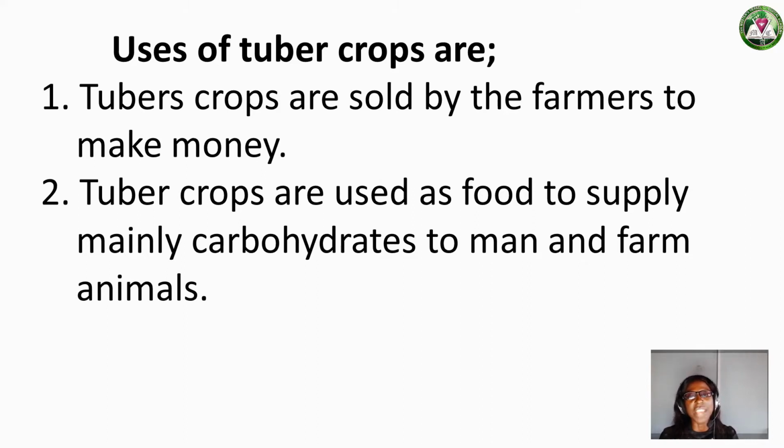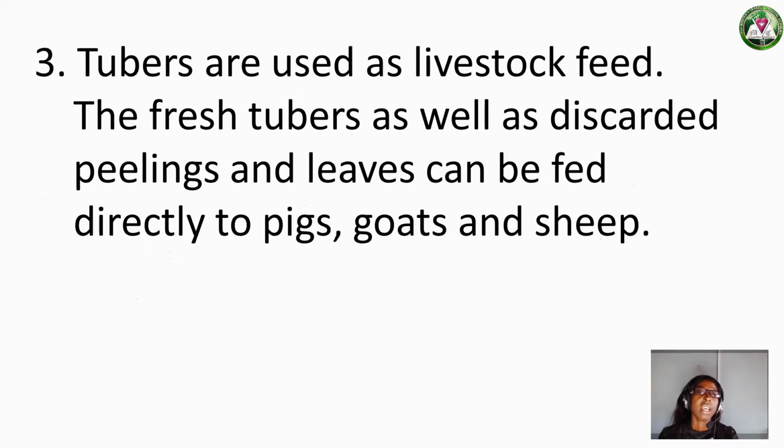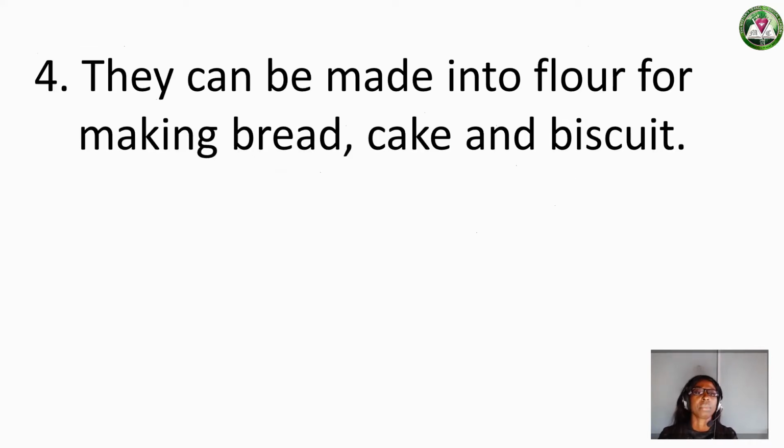Tuber crops are used as food to supply mainly carbohydrates to man and farm animals. Tubers are used as livestock feed. The fresh tubers as well as discarded peelings and leaves can be fed directly to pigs, goats, and sheep.